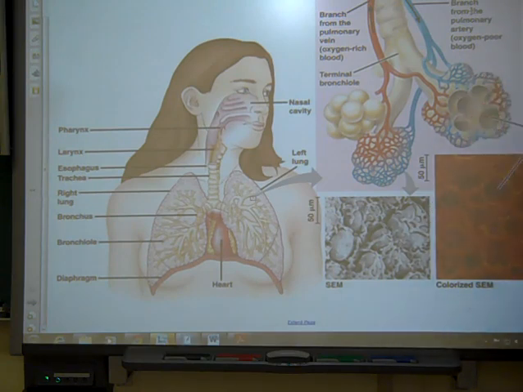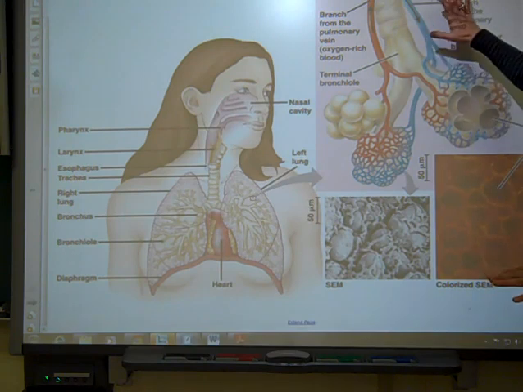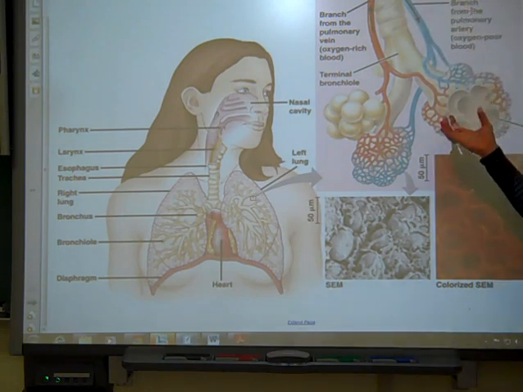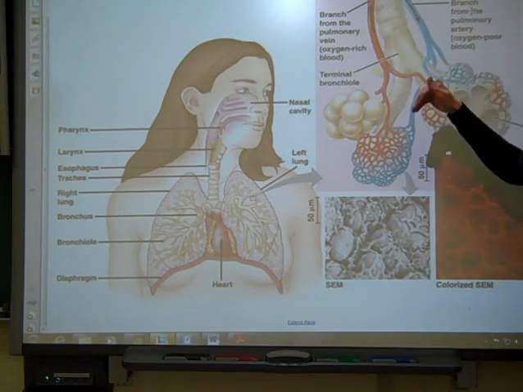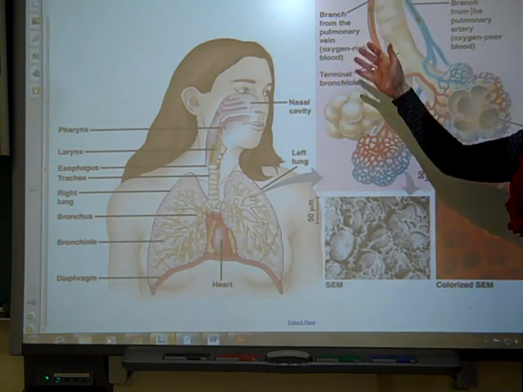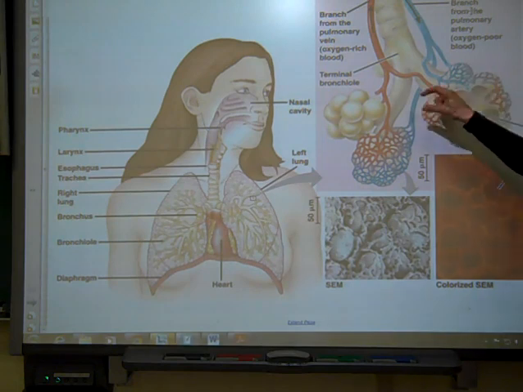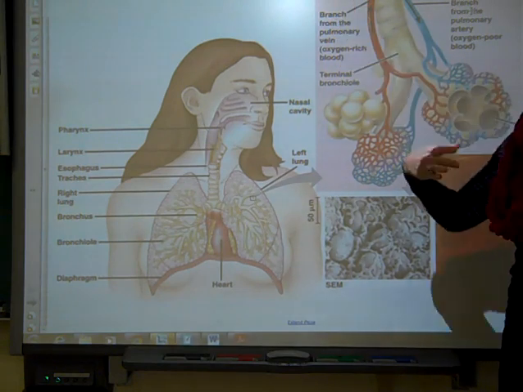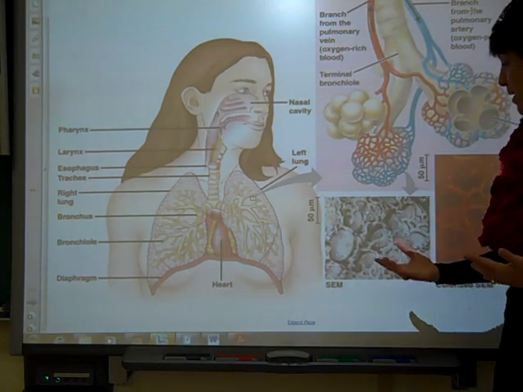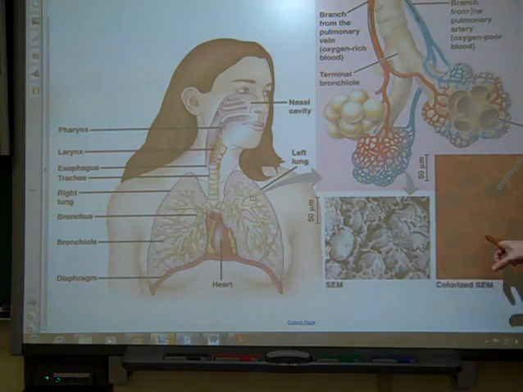So, blood that's coming from your body is deoxygenated, very poor levels of oxygen. So that needs to come to the lungs to receive oxygen. The carbon dioxide will go out and you will breathe it out. The oxygen will come in. That oxygen-rich blood now needs to go to your heart so that it can get pumped to the rest of your body.